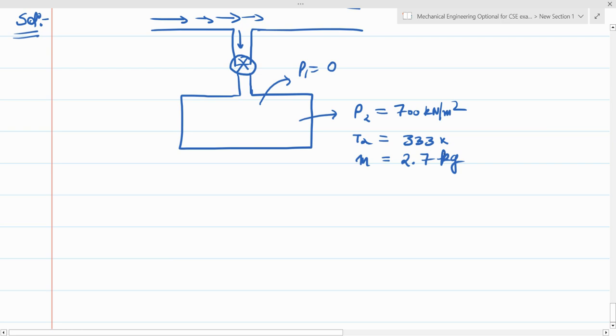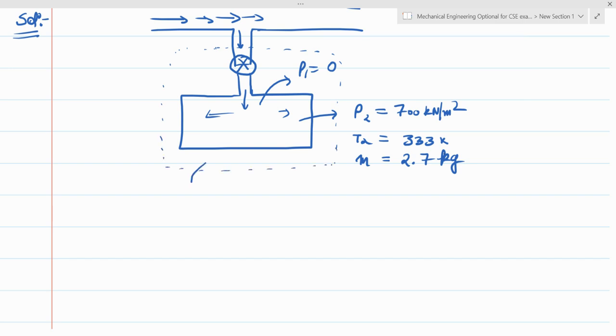Now this gas comes in this pressure vessel, so we can assume this valve and this vessel as a control volume.